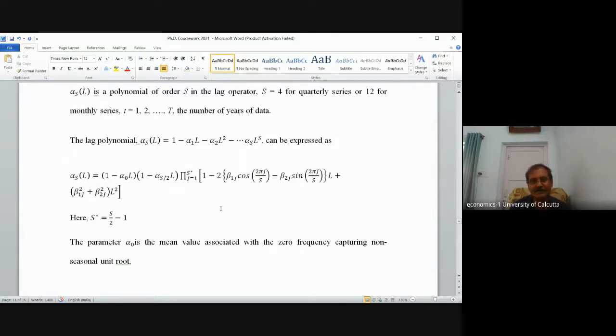If you remember, when we factorize 1 minus L to the power 4 equal to 0 to find the values for L, there are 4 characteristic roots, and 2 roots are complex. The complex roots are expressed by this part.